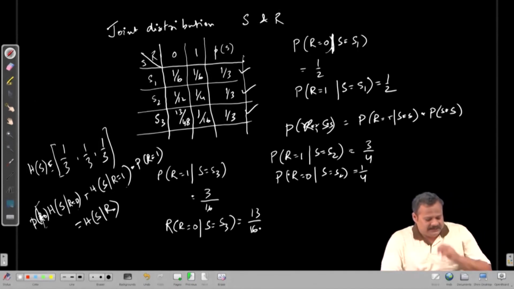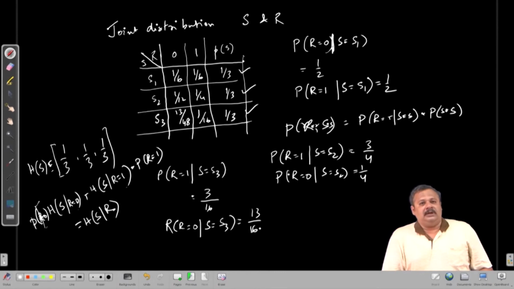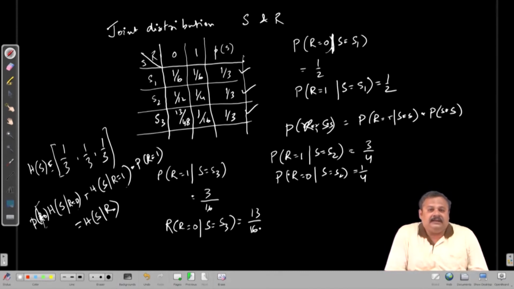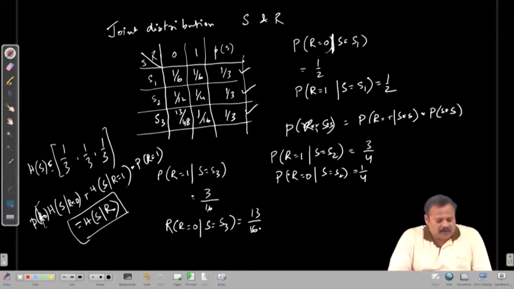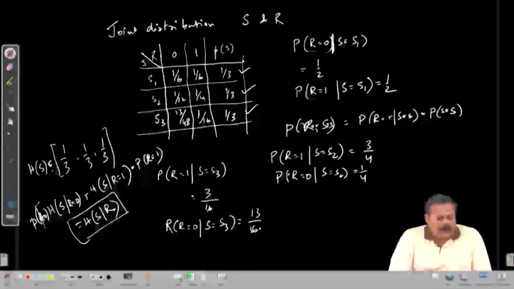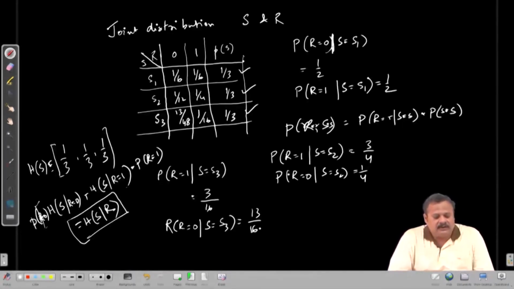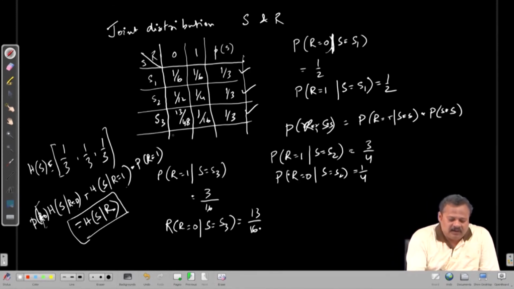So, what you will find is that given the response, we know that certain stimuli have higher probability of having been presented than the other ones. There is a reduction in uncertainty about the stimulus, and that is quantified by this H of S given R. To compute it, we need H of S given R equals 0 and H of S given R equals 1, and the probability of R equals 0 and R equals 1, which are the marginals, by adding the probabilities in the column.